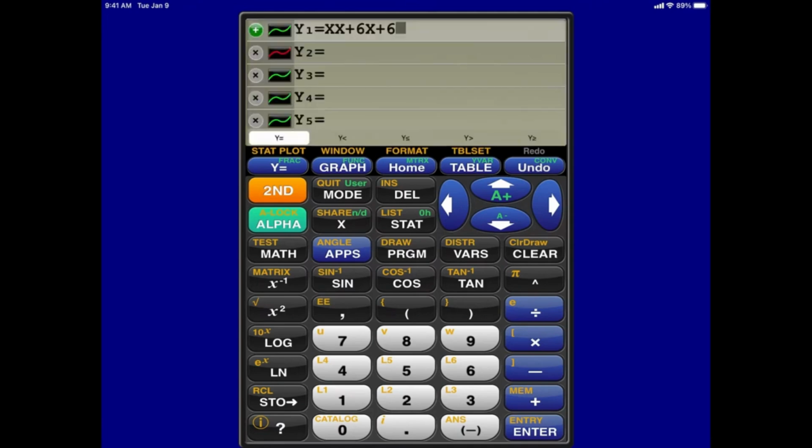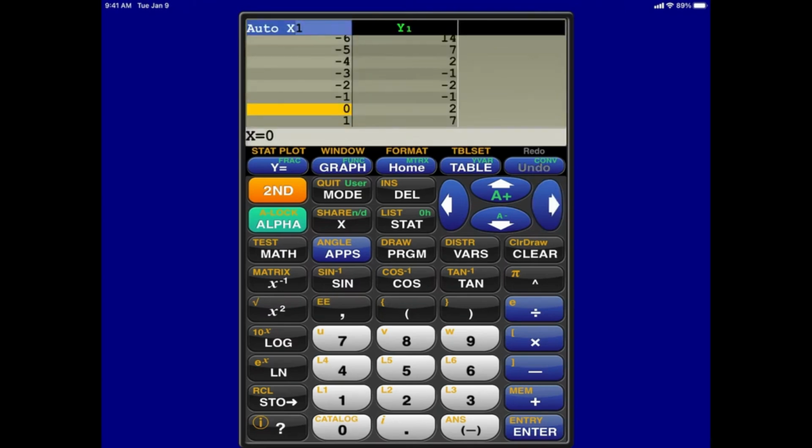All right, let's try number 17. Let's put it in. X squared plus 4x plus 2. And let's get a table. I'm going to take a picture of this table.